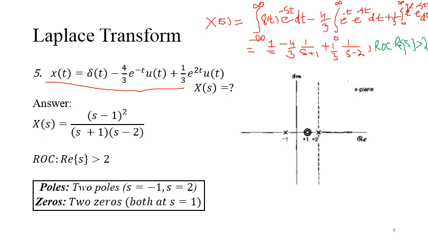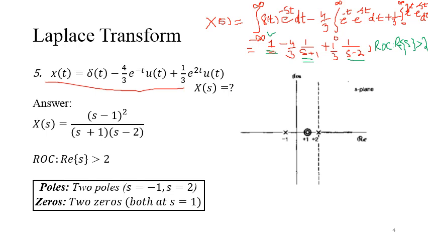For the first term ROC is all S plane, for the second it is greater than minus 1, and for the third it should be greater than plus 2. So the overall ROC for this X(s) will be real of S greater than 2.